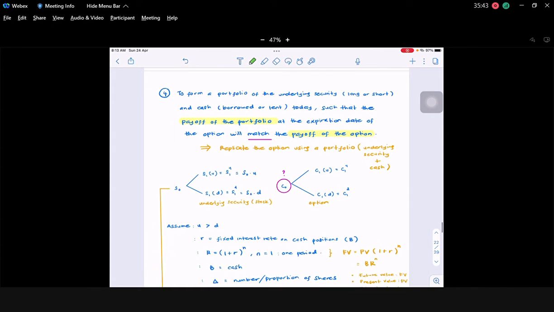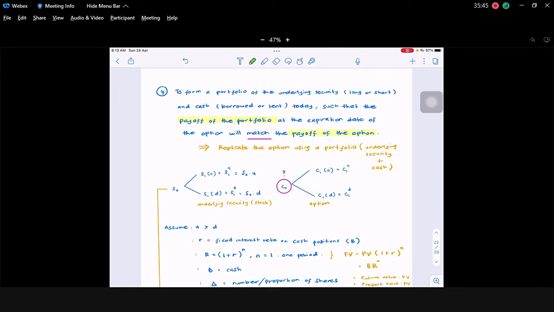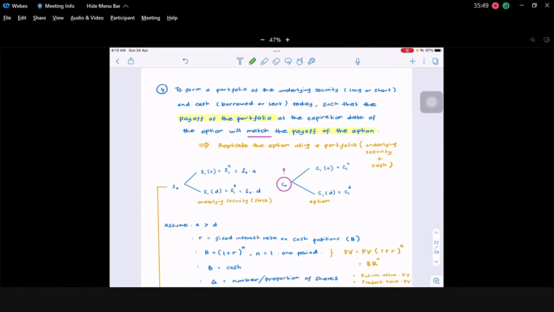Okay, cuba perhatikan based on the following information. Replication process is the process based on a binomial model where we need to look for the price of the option, either call option or put option.